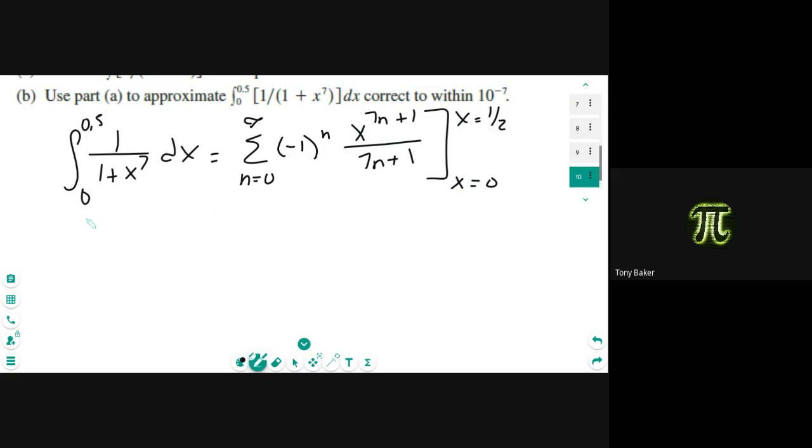So we're really just worried about x as a half. We're doing n equals 0 to infinity of negative 1 to the n, one half to the 7n plus 1, over 7n plus 1.